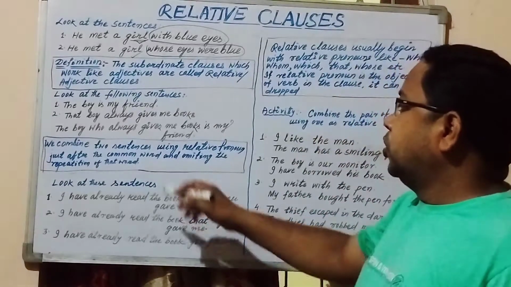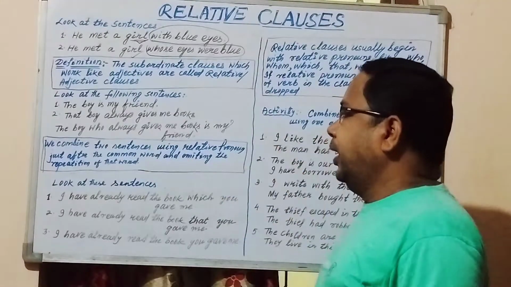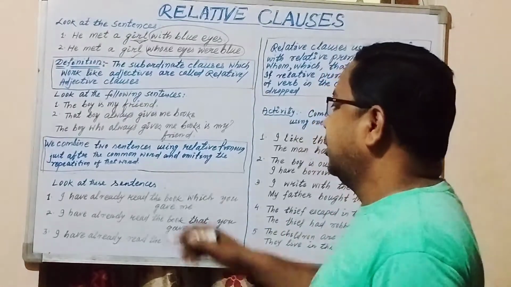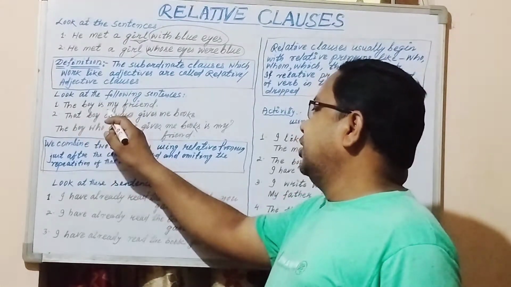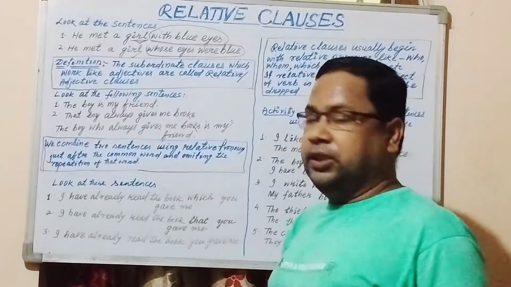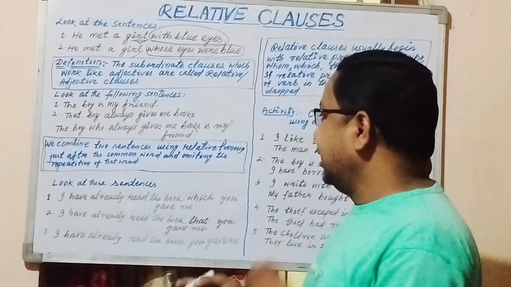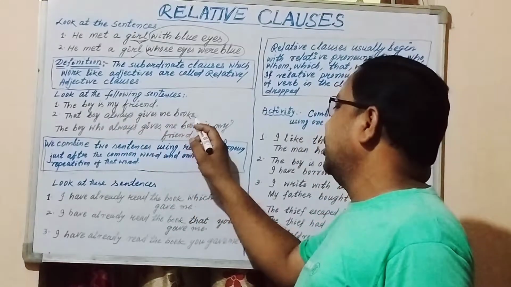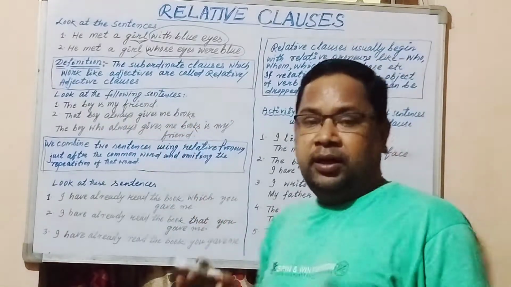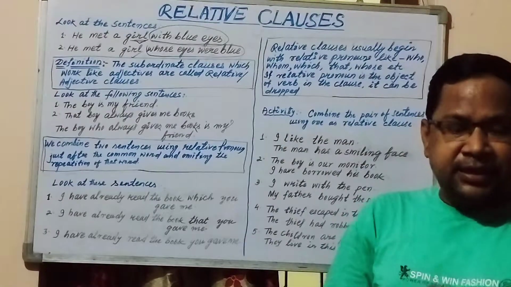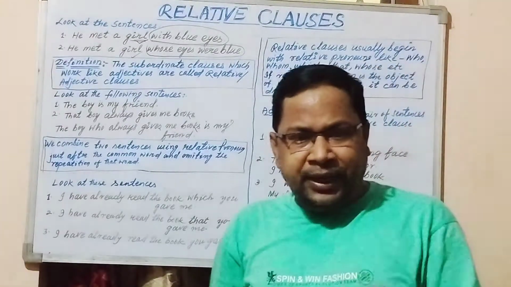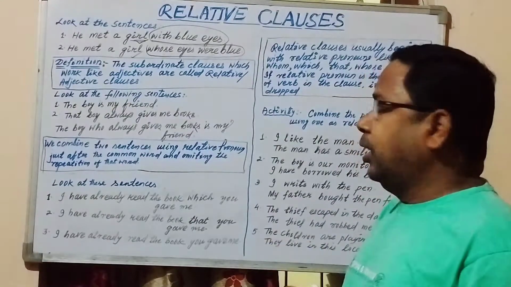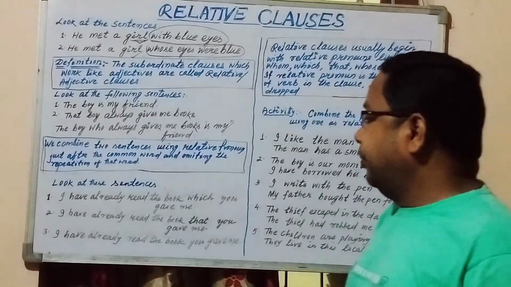Let's look at some other examples. The boy is my friend. That is one sentence. Another sentence is, that boy always gives me books. Here are two sentences. How can we combine them? Very easy.